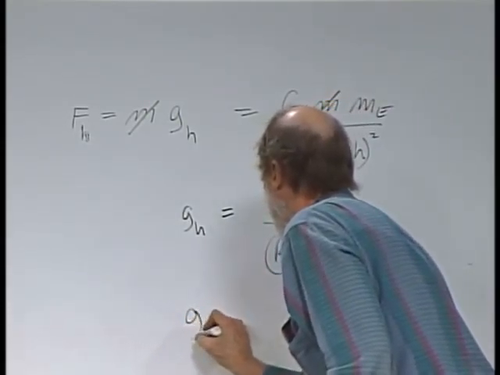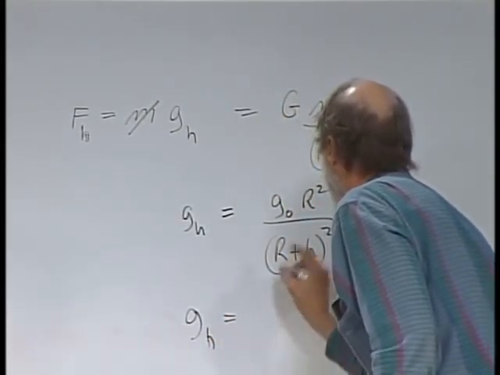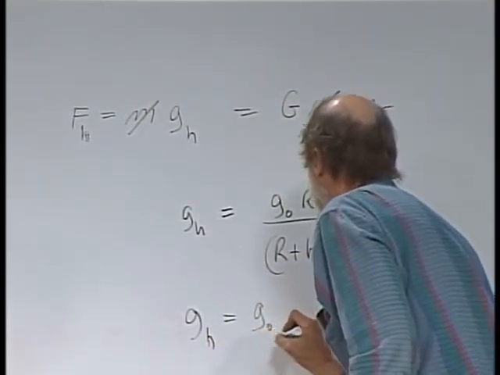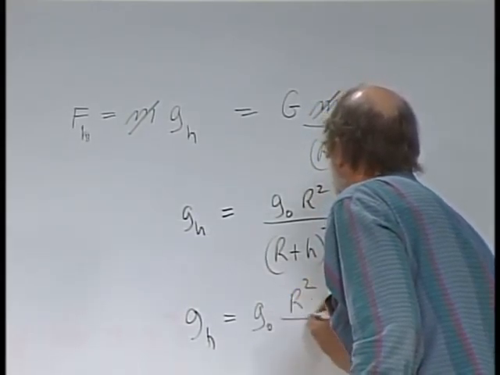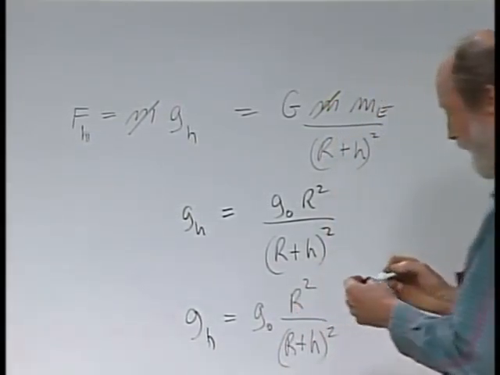We get the gravitational acceleration that exists at some height h. And this is shown in your book.